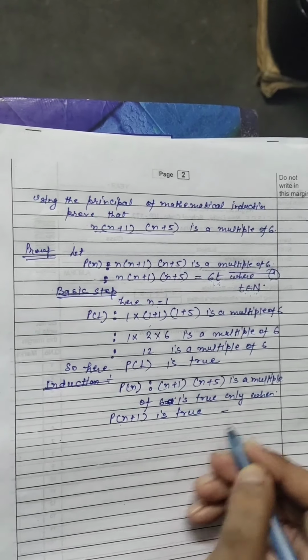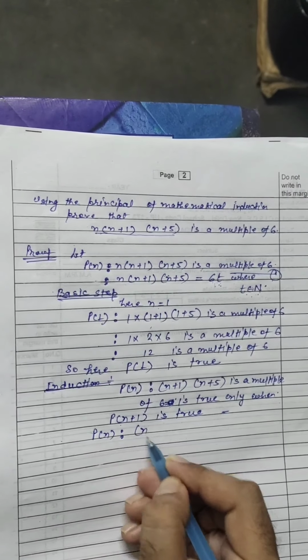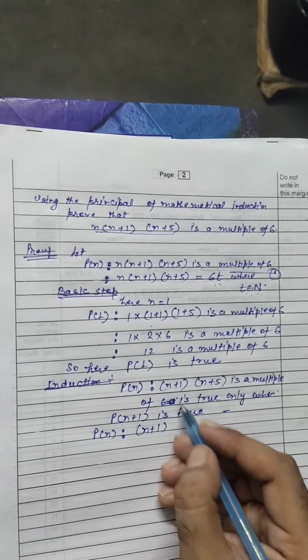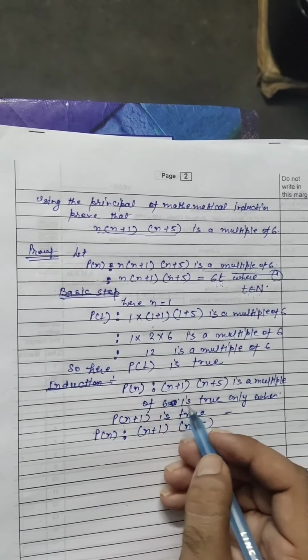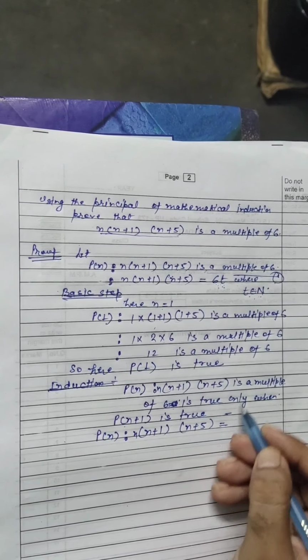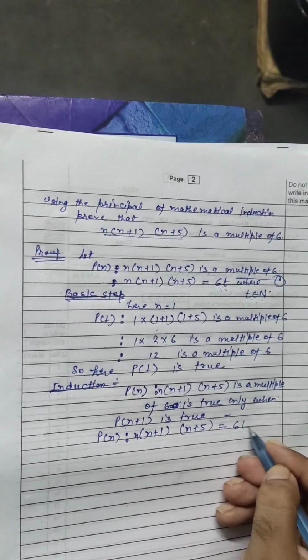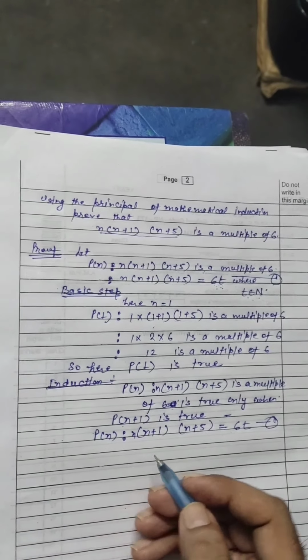Students, I want to write this in this way: n into n plus 1 into n plus 5 is equal to 6t. We can write it. Of course. Let me call this equation number first.